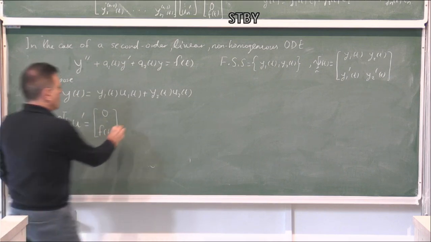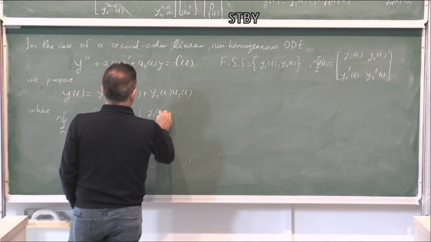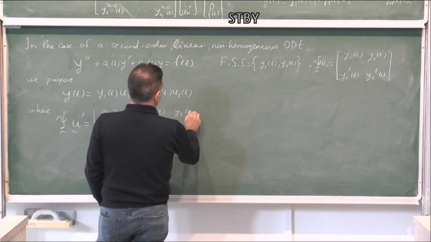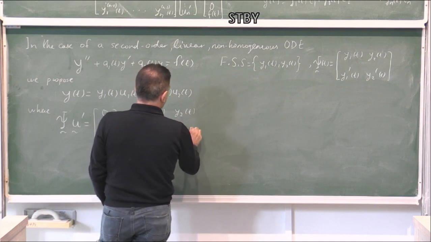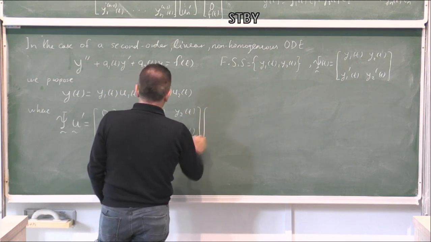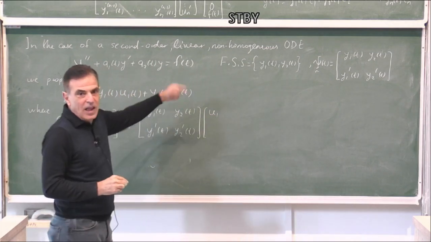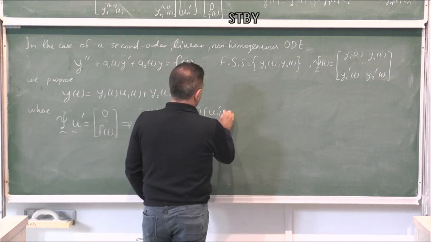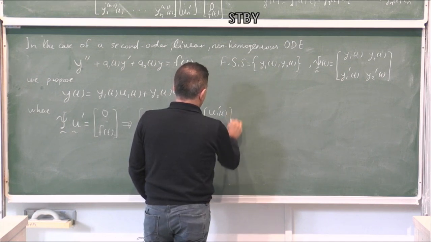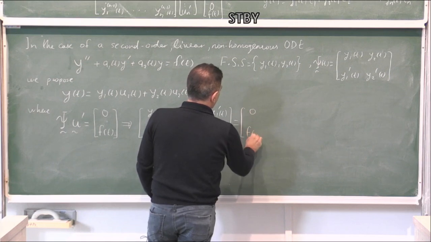Okay? Or explicitly, y1 of t, y2 of t, y1 prime of t, y2 prime of t. Look, we find not u1 and u2, but their derivatives by solving this algebraic system, and then integrating u1 prime and u2 prime. We have this system, 0, f of t, to solve.